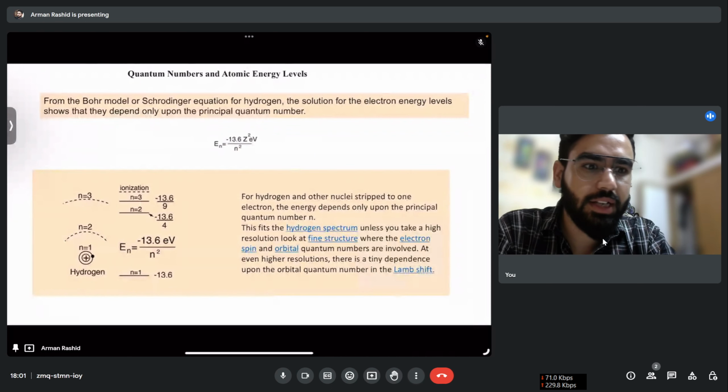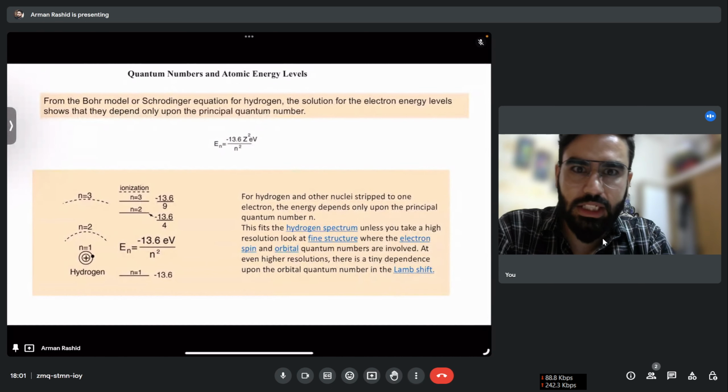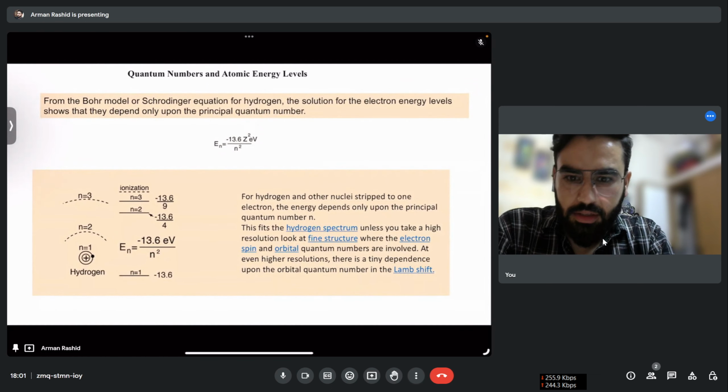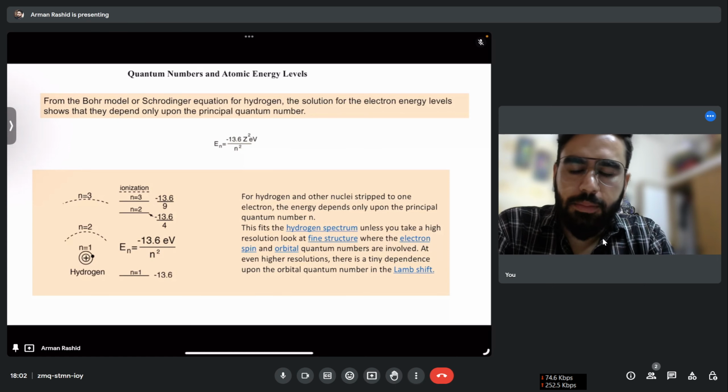That is the important point: we see spectra because of quantization. It occurs because there is quantization at the quantum level, and because of that quantization, it absorbs the energy.